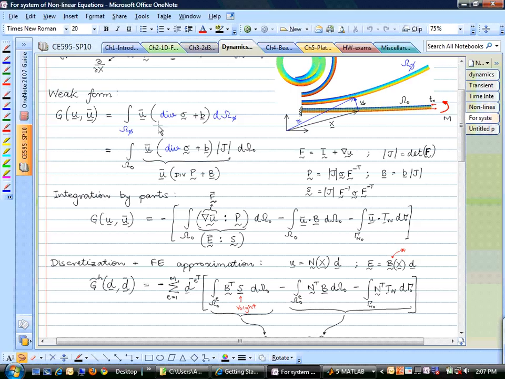Once we write out the weak form, we have to do integration by parts. And when you do the integration by parts, you are balancing the derivatives on the virtual displacement, and there is a real displacement sitting in P. So when you do that, what you get is F double dot with P. So what is double dot? What does double dot do? This F is a tensor, this P is a tensor.